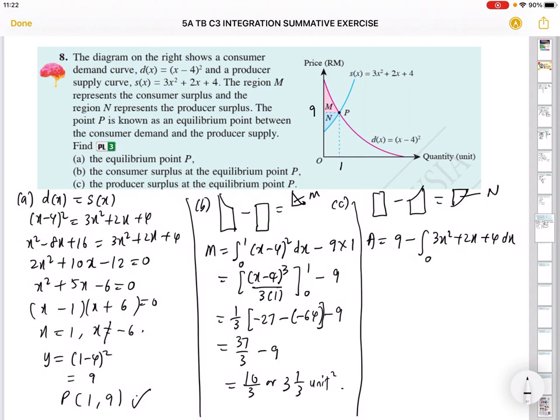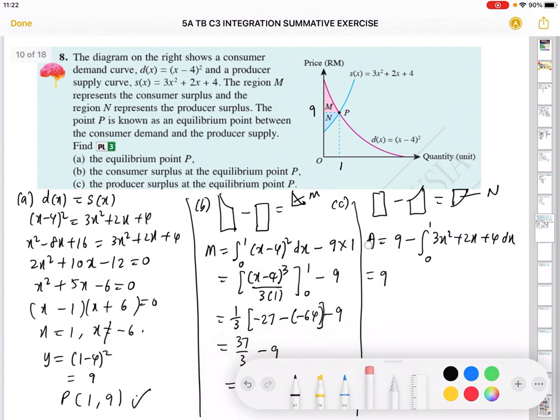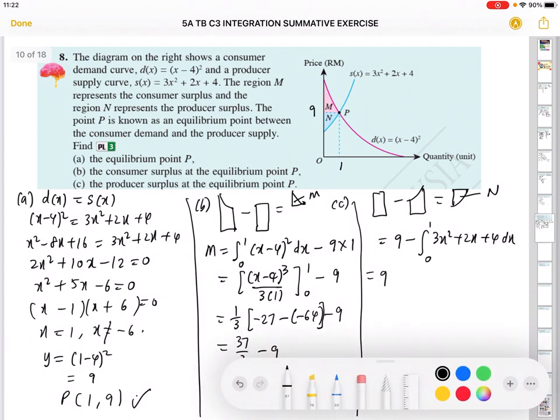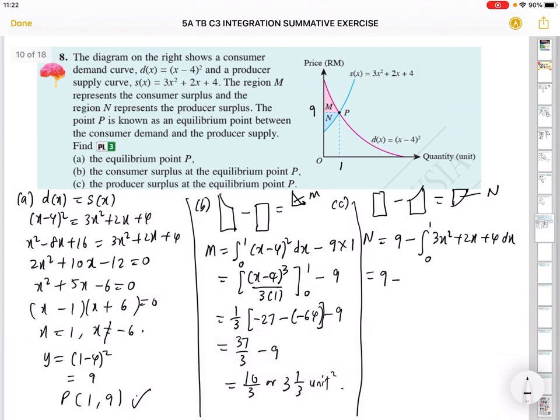I better label this as N, the shaded region N. When you integrate, this is x cubed, 3 divided by 3 cancels; x squared, 2 divided by 2 cancels; and 4x. Lower limit 0, upper limit 1. If I put 1, this will all be 1. 0 is the easiest number to substitute because they all become 0. So it's 9 minus 6. Yes, you get 3 square units.